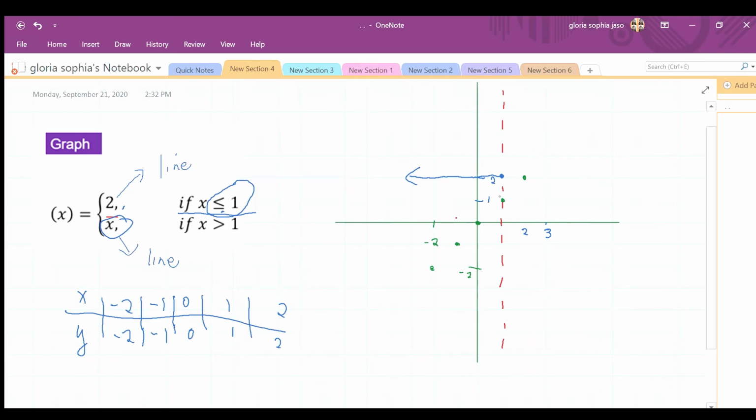And then, trace na natin yung line natin. Okay, then re-remove natin yung excess class. So, dapat greater than 1. So, simula dito class. Ayan. So, re-remove natin. Ayan.